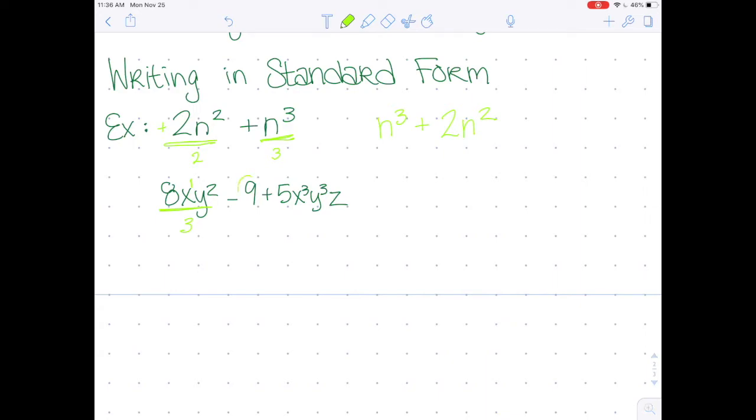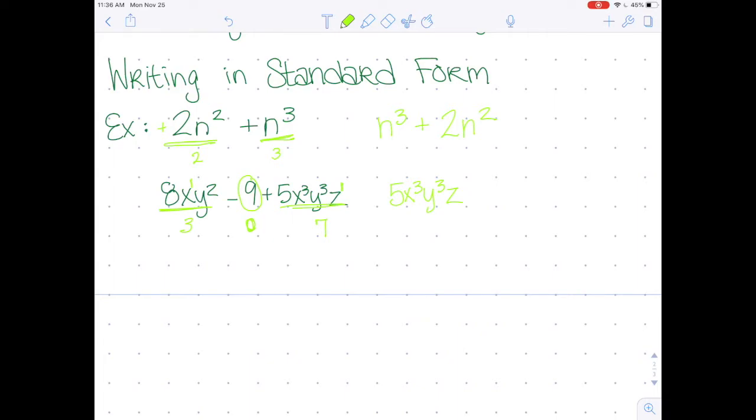The second term is just 9, which doesn't have any variables to count the exponents, so the degree would be 0. And this last term, 5x cubed y cubed z, I've got 3 plus 3 plus 1, which would give me 7. So this is the term with the highest degree, so it should go first: 5x cubed y cubed z.